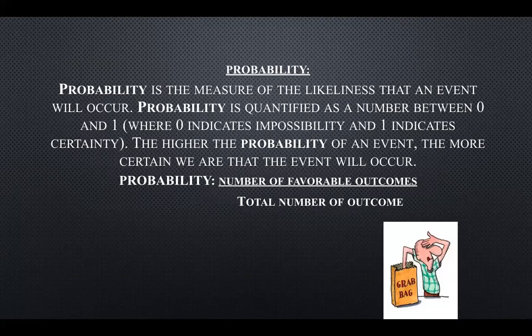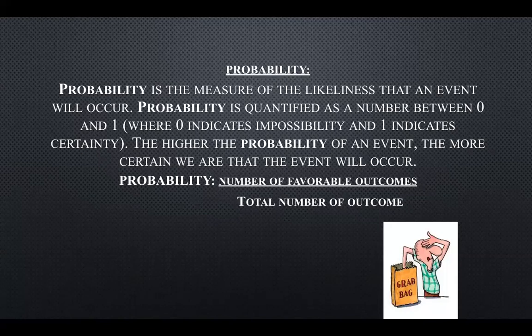Okay, it gives us the chance of happening of an event, and the value of probability always lies between 0 and 1, where 0 indicates impossibility, where the event is impossible, and 1 indicates certainty, where the event will definitely occur. Higher the probability of an event, the more certain that the event will occur.